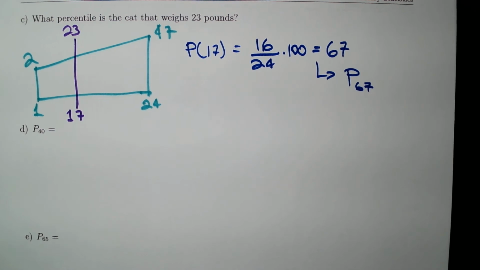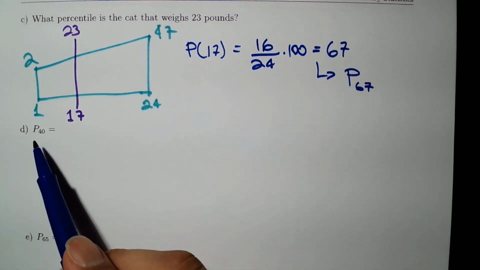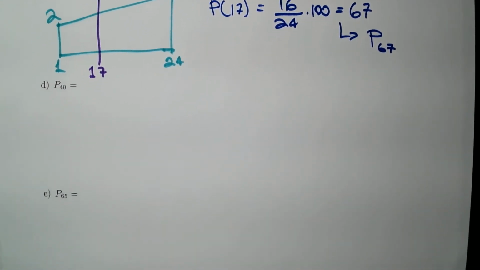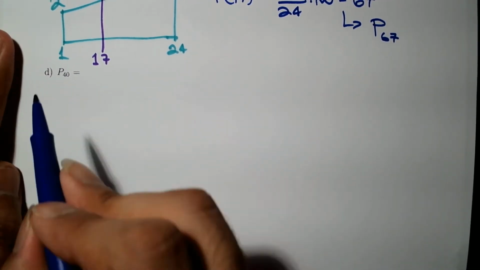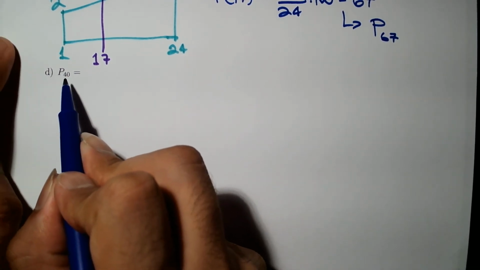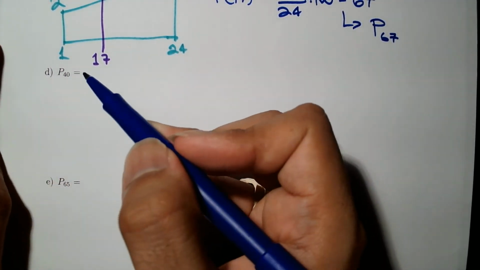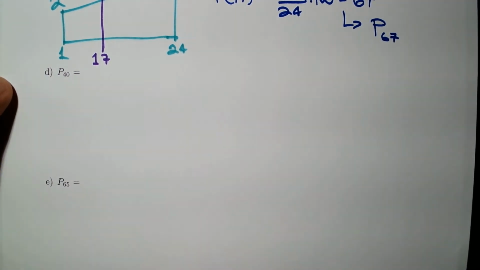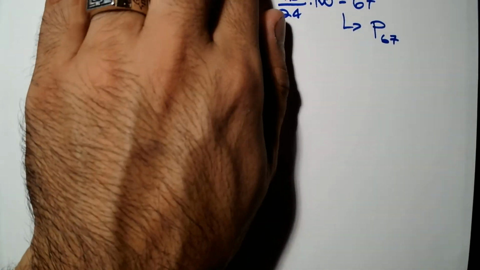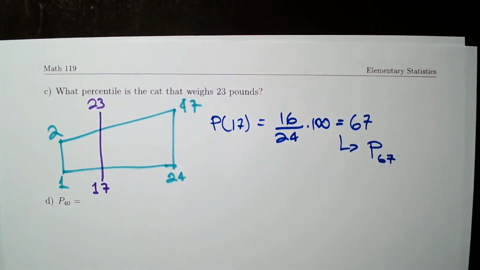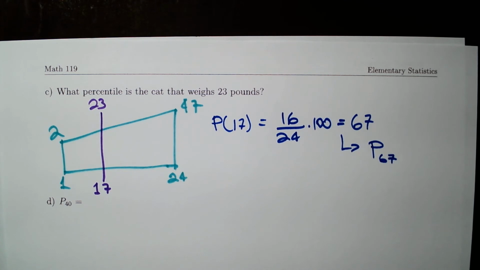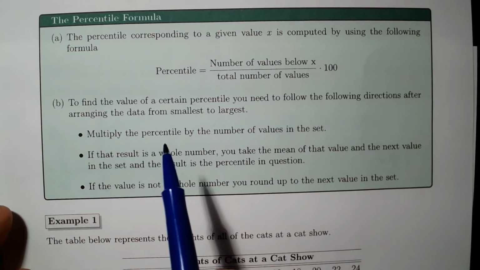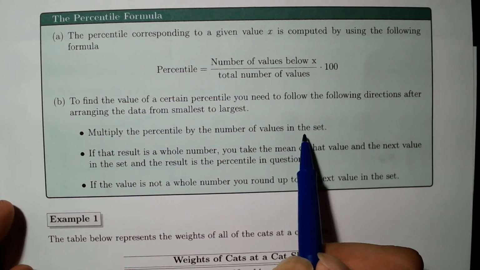Now we're going to look at the questions the other way around. Now we're going to look for the 40th percentile. What is the weight of the cat this time whose percentile is 40th? Okay, so we have a couple of rules and exceptions here in the description on how we use the formula. All we do is multiply the percentile, in decimal, by the number of values in the set.